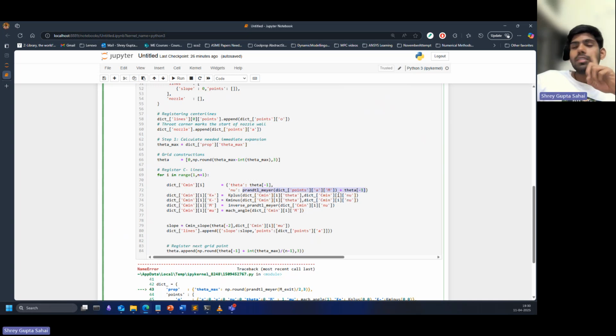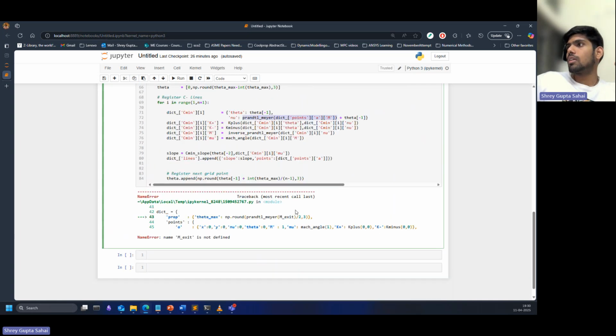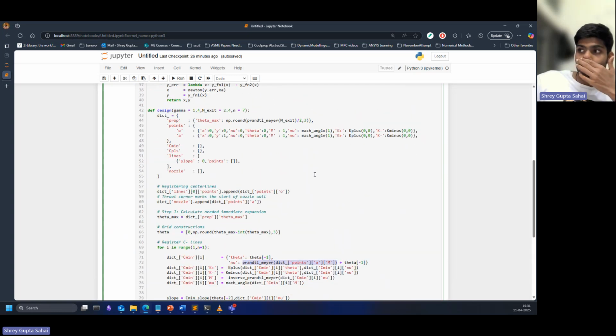Nu2 is nu1 plus theta. So nu2 will be for point A, where the Mach number is 1, which corresponds to a nu value of 0. So I could have simply written nu equals theta.